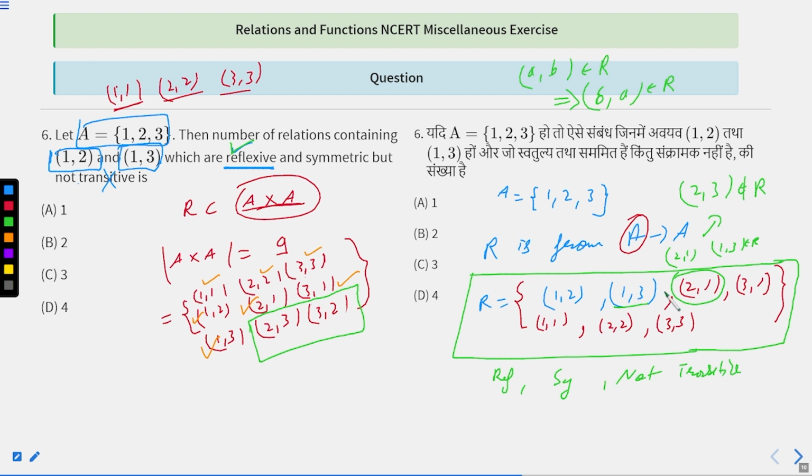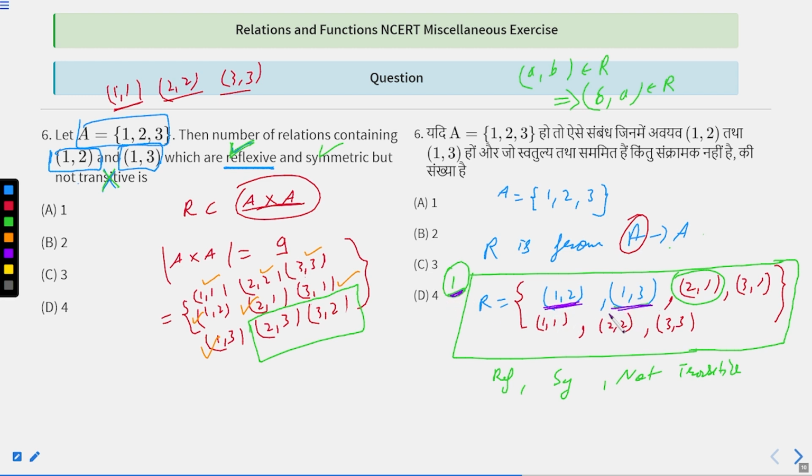So we have constructed a relation that is reflexive and symmetric but not transitive. I have found one such relation. Can I make another one? Let's try. These are the necessary elements.